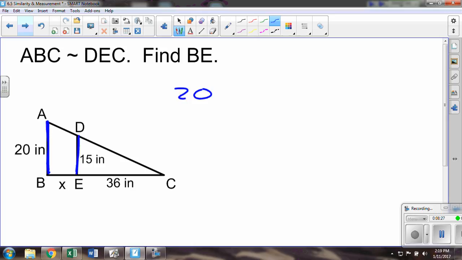So they're going to say 20 matches 15. And then they'll look at it and say, okay, side length and side length. So they'll build a proportion, 20 over 15 equals x over 36, just using all the things that you see. It's very common for students to look at the proportion and build this, and it's wrong.